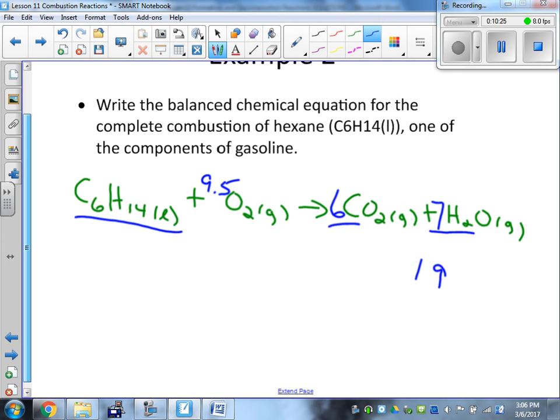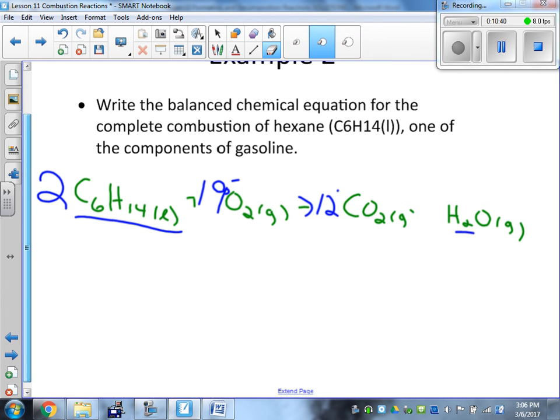Okay? Now it's easy for me because I have an eraser, but I'd put a 2 here. Okay? I'd put 19 here. Make sure you double every number, guys. 12. And 14. Okay? And that should be balanced.